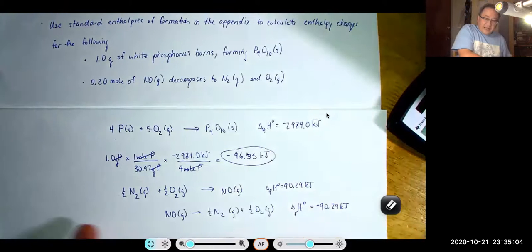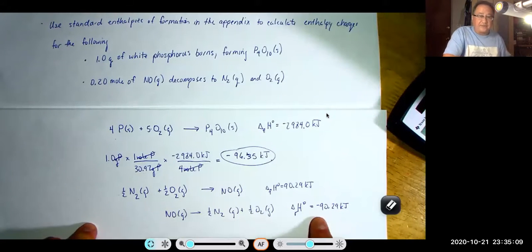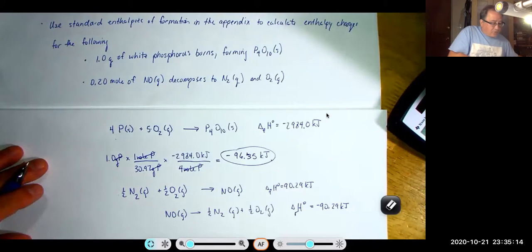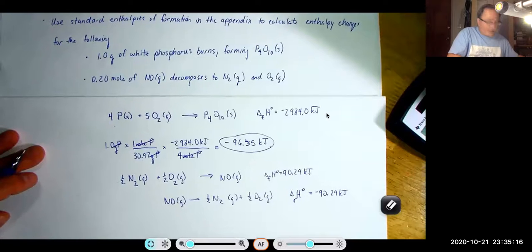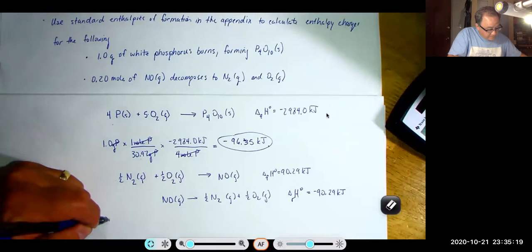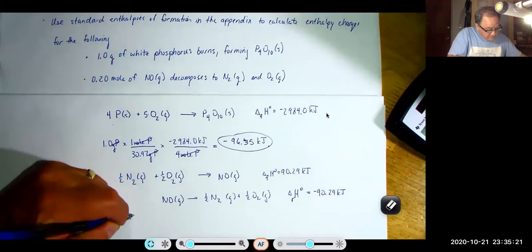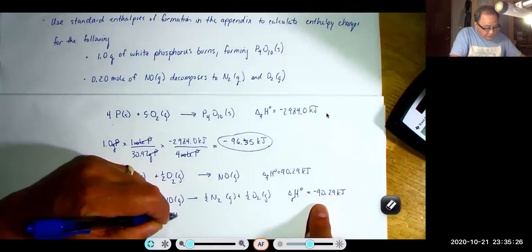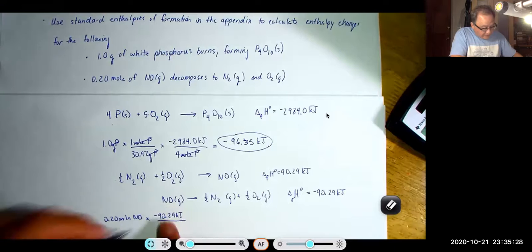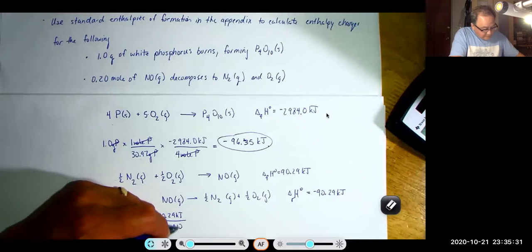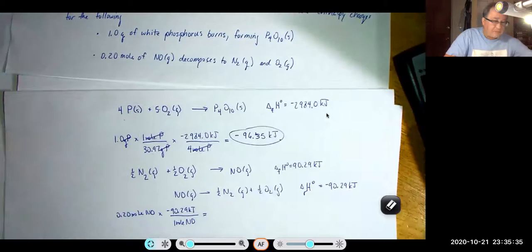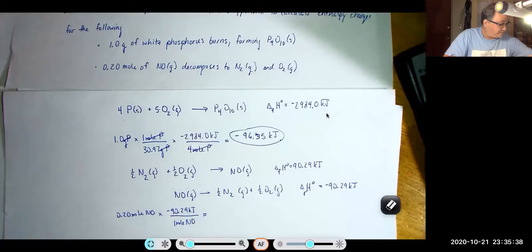So remember, Hess's law says that if we reverse a reaction, you also reverse the sign on the enthalpy. So that means that for my 2.0 moles of NO, we're looking at negative 90.29 kilojoules per 1 mole of NO. And so 2 times, I've got too many pieces of paper rolling around here.